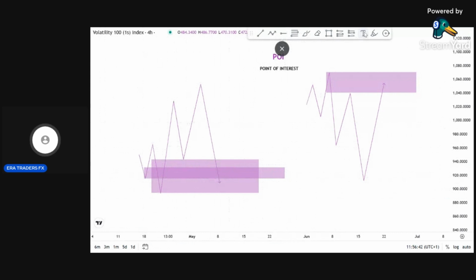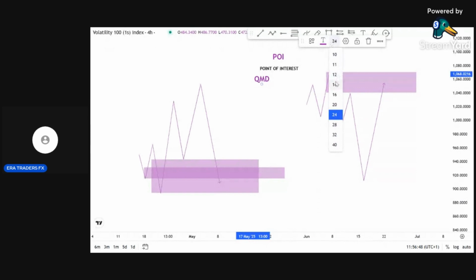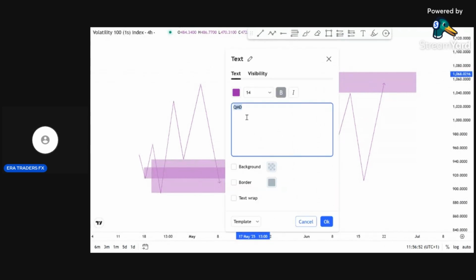So one POI is your QM. That should be your number one. Then two, your order block, OB, then three, you have your S and R.